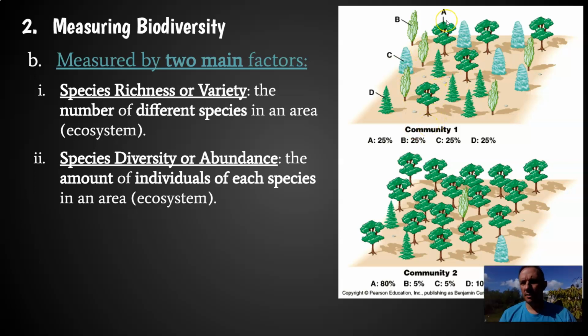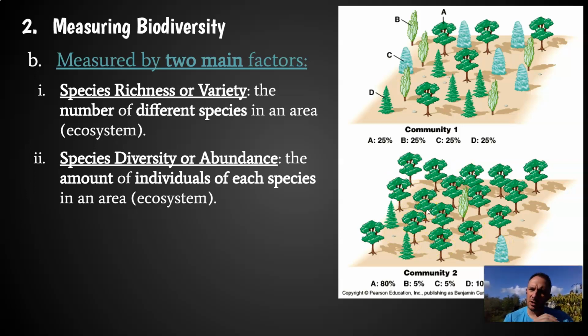It's made up of tree species A, or population A, population B, population C, and population D. Let's say a maple, an alder, a fir, and a spruce. So it's got all four of those in that area. This one here has the same four species. Look, right in here, this one has A, B, C, and D. It has all four of them.